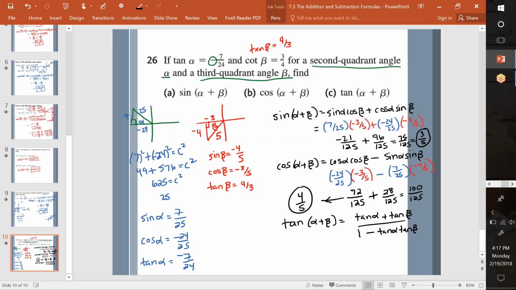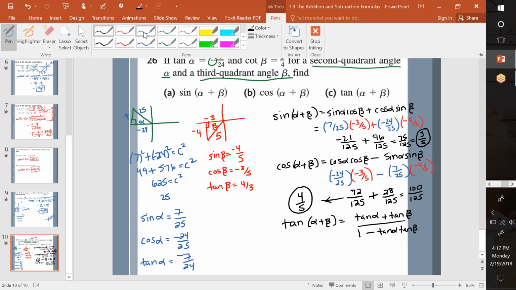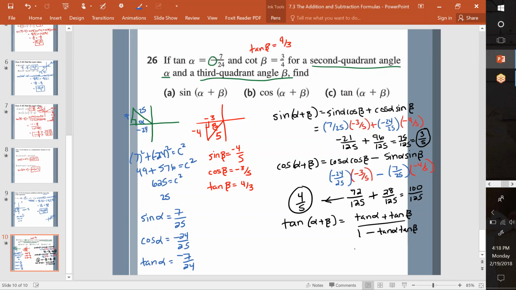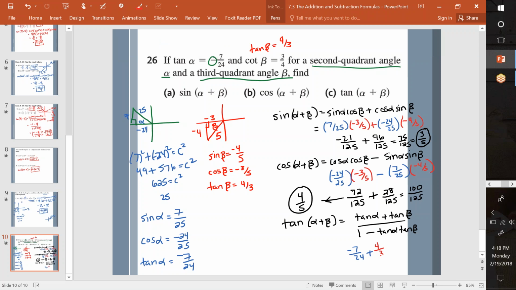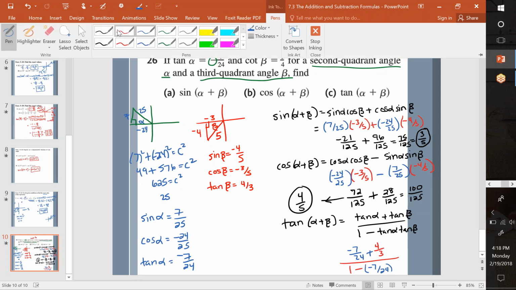Now, if you've gone through all that trouble, you could just get tangent by doing sine over cosine, as long as you trust that you've plugged everything in correctly. I'm going to go ahead and just show you how to use the formula, though. So tangent of alpha is negative 7 over 24. Tangent of beta is 4/3. Then on the bottom, we would have 1 minus tangent of alpha, which we know is negative 7 over 24, and then 4/3 again multiplied by that.